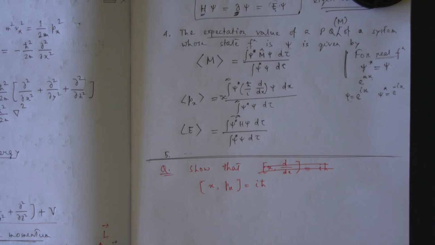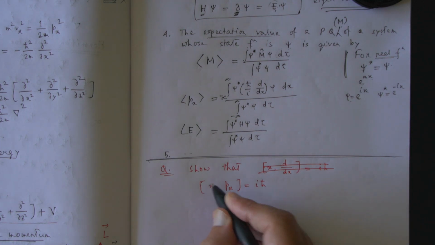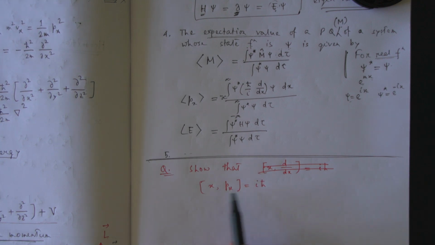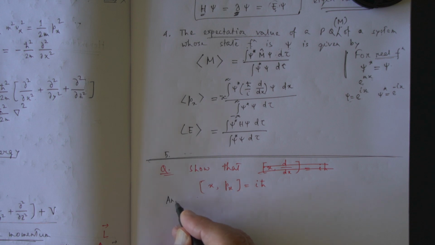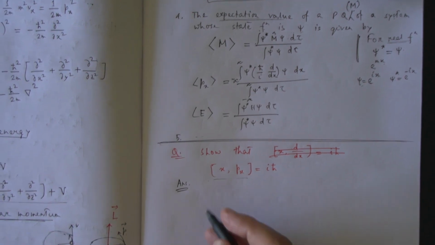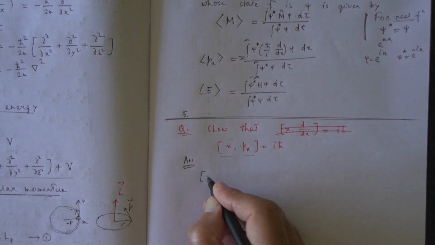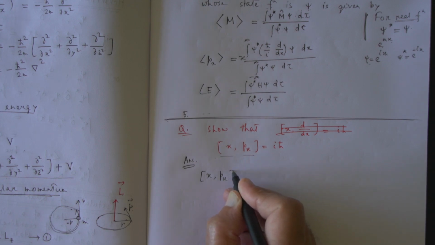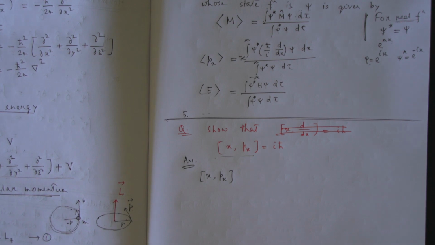Let me see. Okay, x px. Now we have to prove this. This is equal to this. Now what is this? This is the commutator operator. You know, this is the commutator operator. Okay.